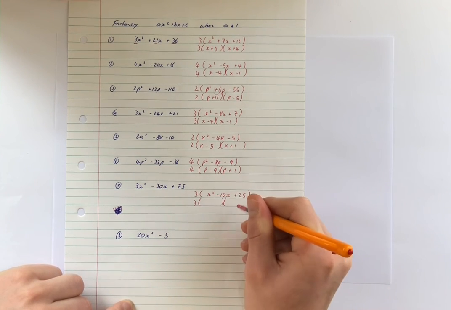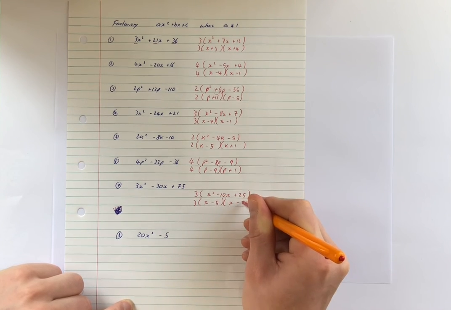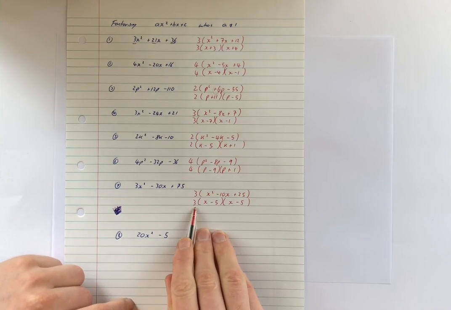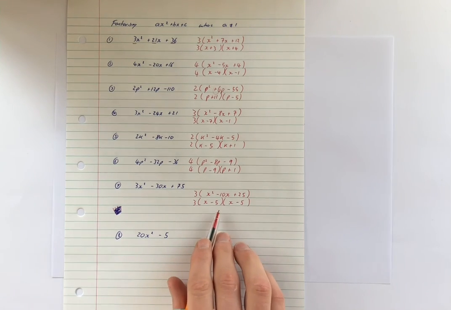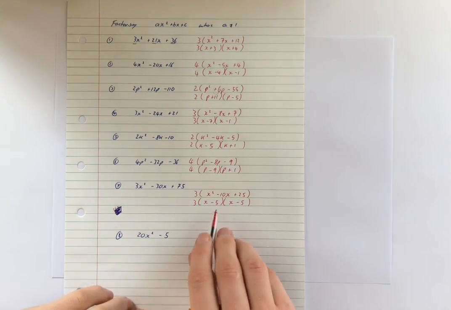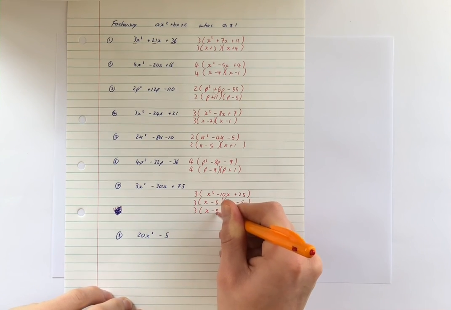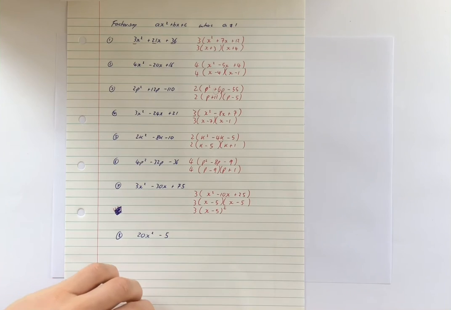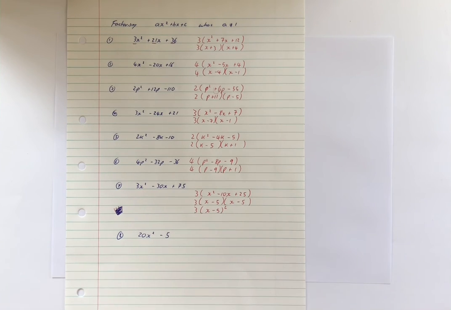That is, I believe, a perfect square. 3 times, in brackets, x minus 5, times, in brackets, x minus 5. Got the same thing twice, so we write that as 3 times x minus 5, and it's squared. So the x minus 5 is squared. Not all squared, because we took that 3 out first, and then found the perfect square.